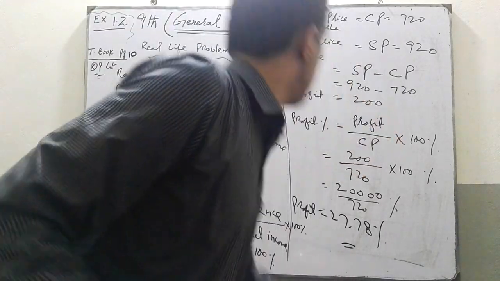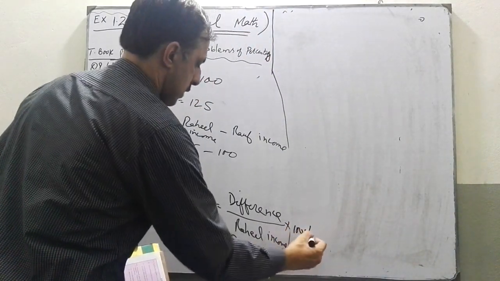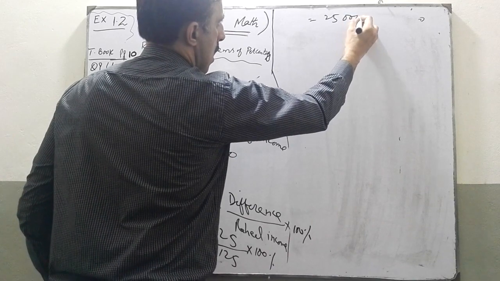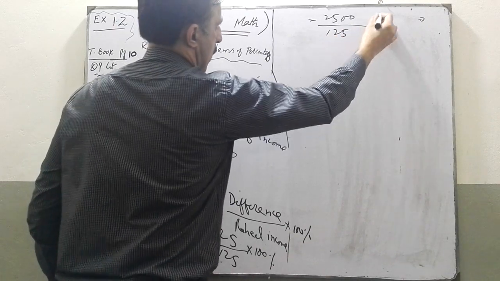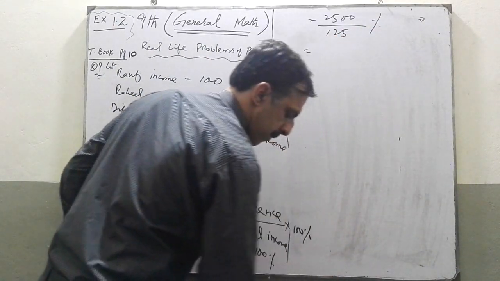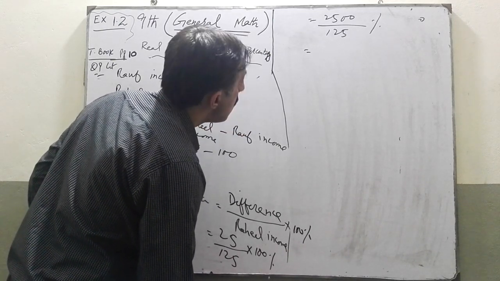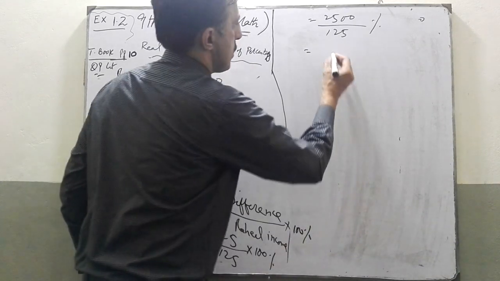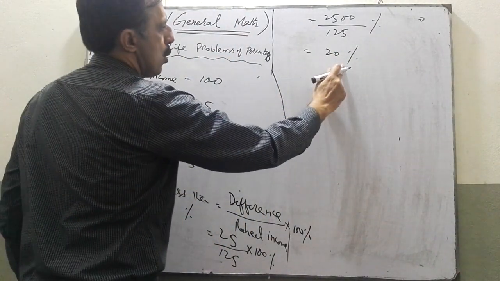Now using the calculator, 25 multiplied by 100 is 2500, divided by 125, that is 20%. It means Rauf's income is less than Raheel's income by 20%.